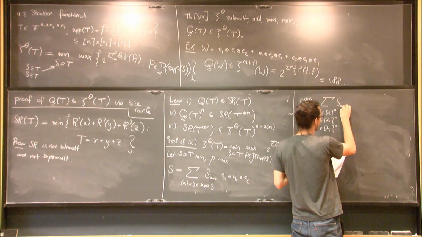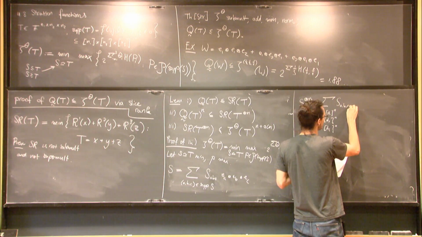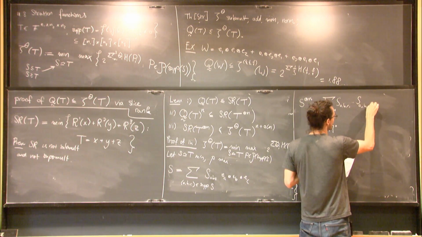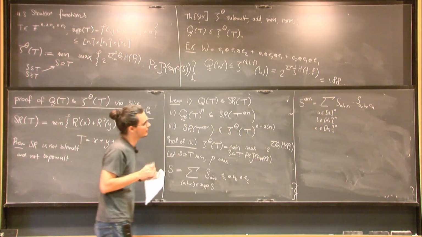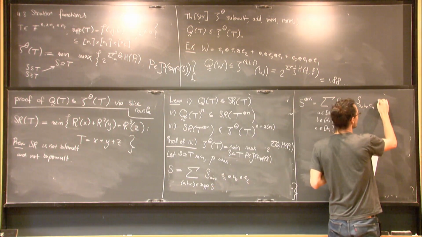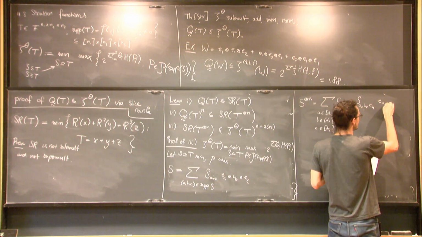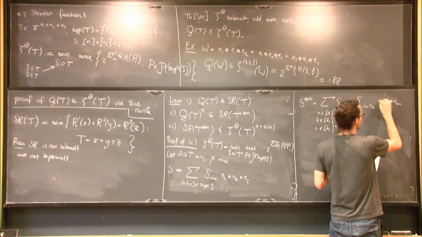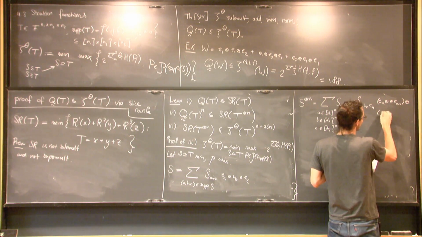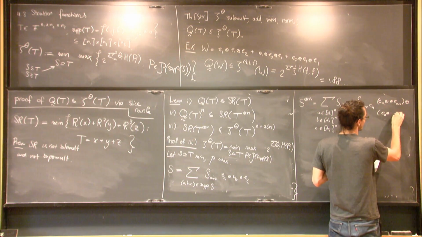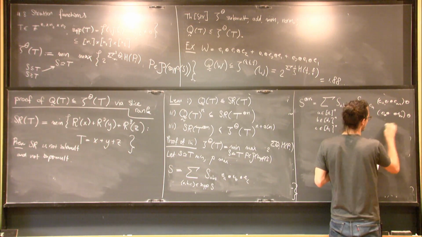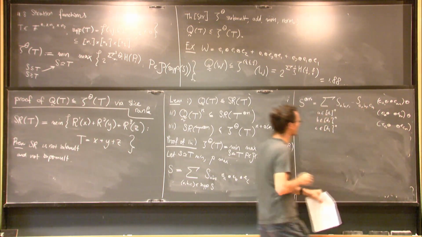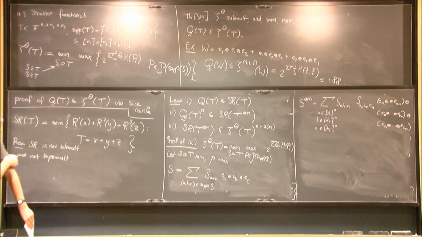I get here a product S_A1B1C1 dot, dot, dot S_AnBnCn, and here I get products of the basis elements: e_A1 up to e_An, e_B1 up to e_Bn, and e_C1 up to e_Cn. Okay, so that's my power.